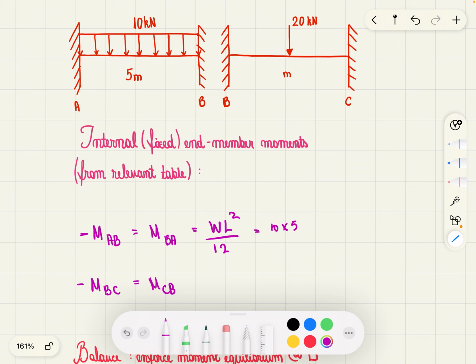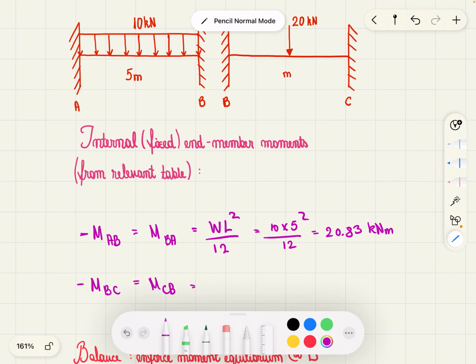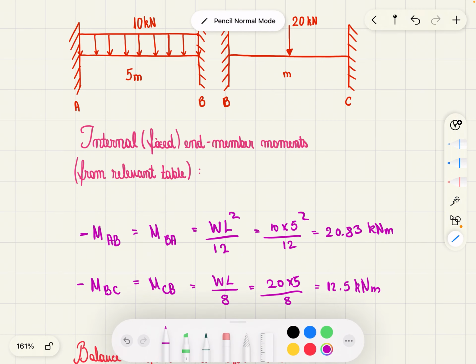So 10 times 5 squared over 12, 20.83 kilonewton meters. And here, because we have a point load and two fixed supports, we use this formula. And we get this.